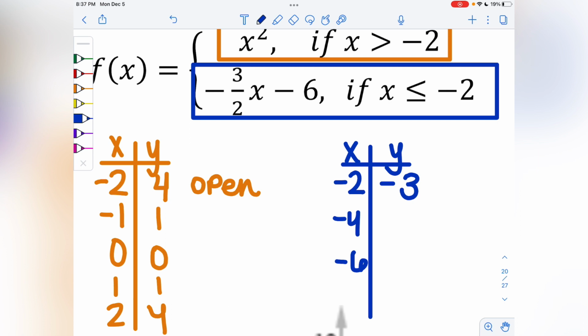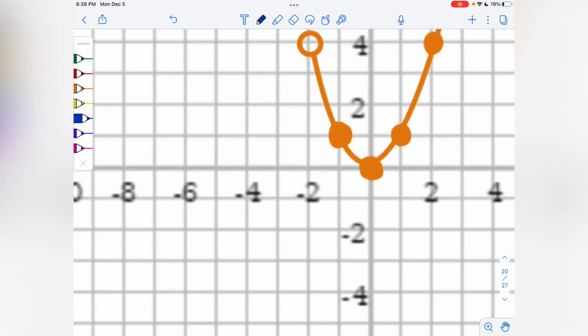Okay, -4 times -3/2 is going to be 12/2, which is 6 minus 6, which is 0. And then -6, that's going to be 9 minus 6, which is 3. So this is going to be a closed circle because we are underlined here on -2, -3.